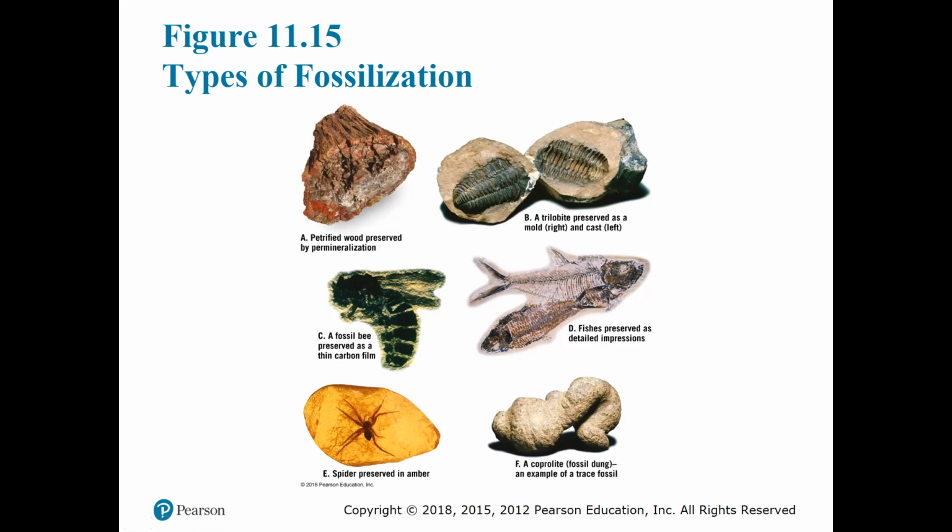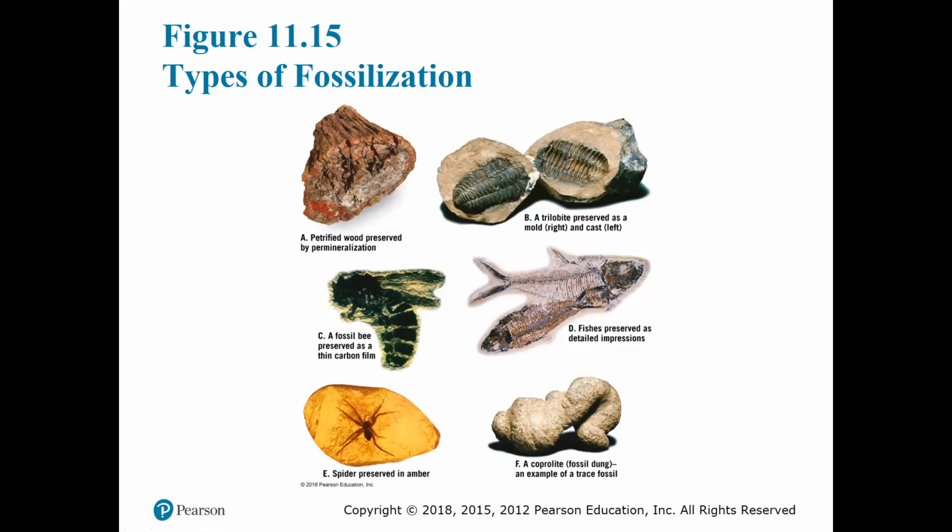Carbonization is another type of fossilization. This preserves leaves and delicate animal forms, and you see here we have a bee that's been preserved. When fine sediment encases the remains of the organism, and then pressure squeezes out the liquid and leaves behind carbon.